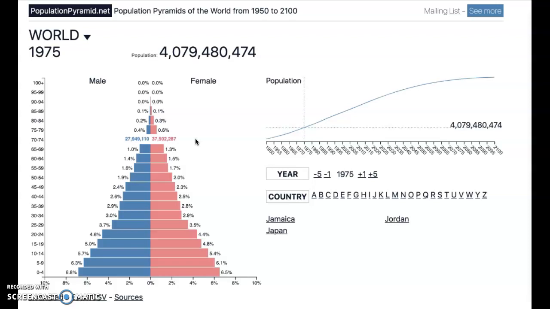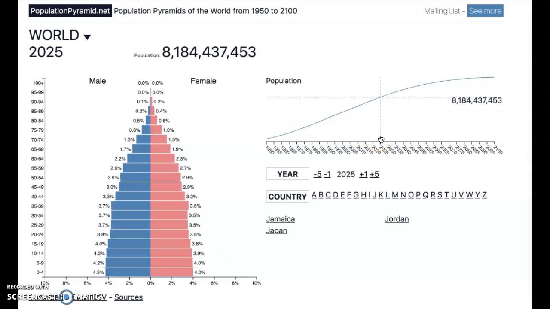This might change if we were to jump to 2025, which is 50 years down the road. The reason for that is that's the first time we get over 8 billion. It'll probably be the year before that, but our data set here is by 5 years. So the population in the world will have doubled in 50 years.